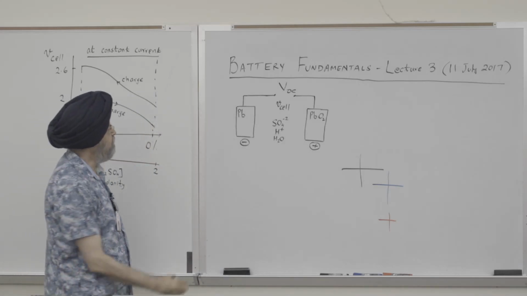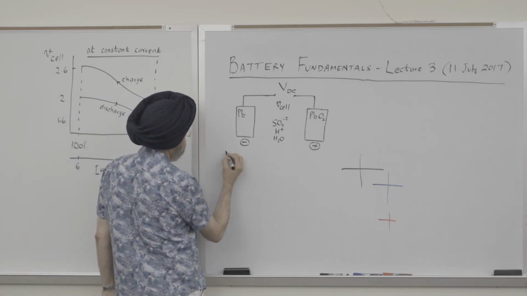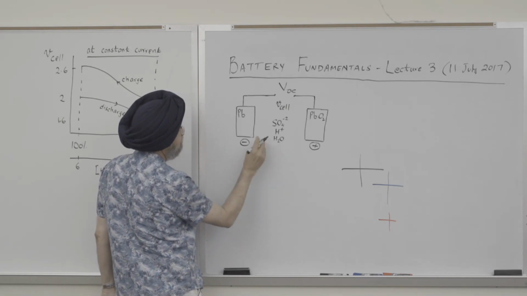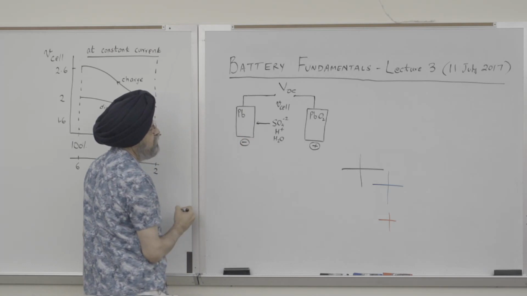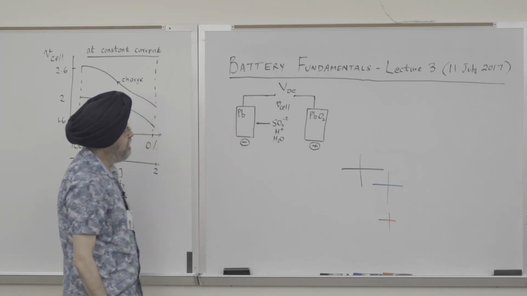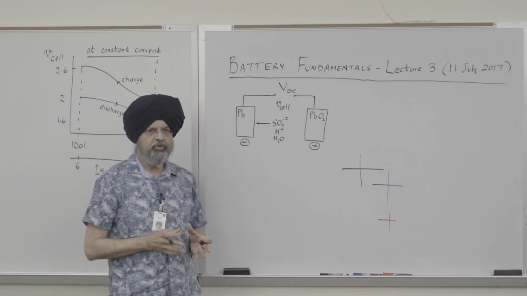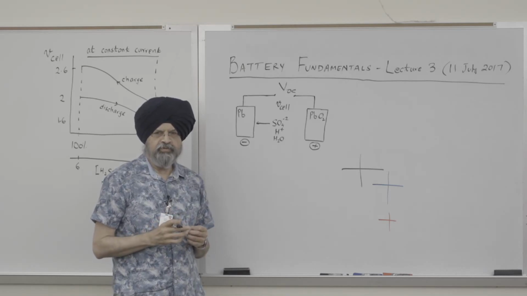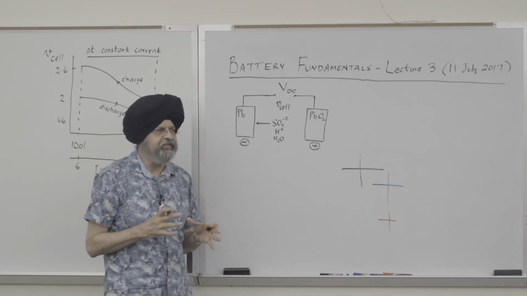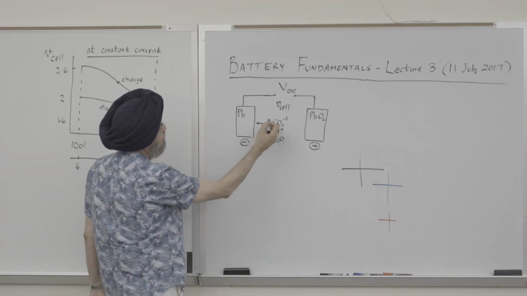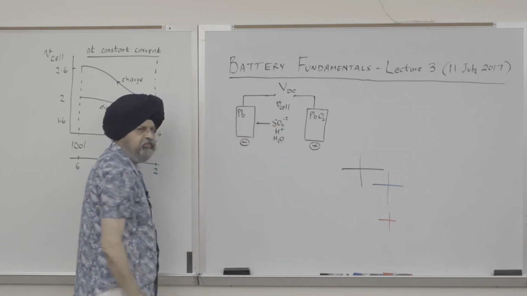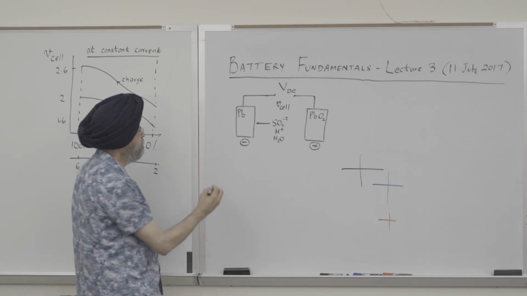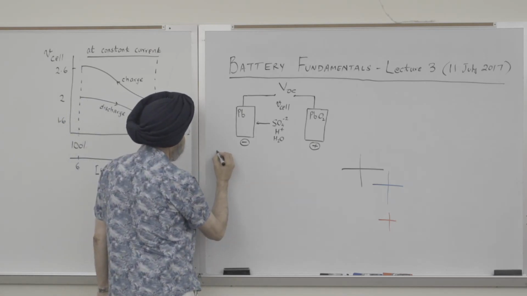Where does that come from? So on this side, we have a reaction. The sulfate ions will diffuse to the lead. Diffusion means motion under the influence of concentration gradient. So these sulfate ions will move around under the influence of concentration gradient, and they'll react with lead.